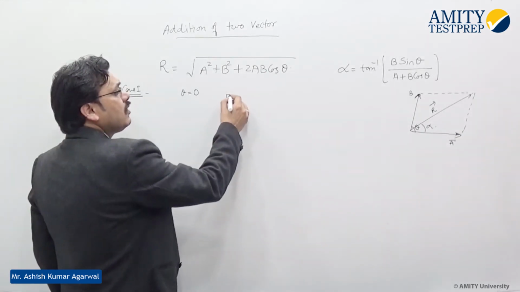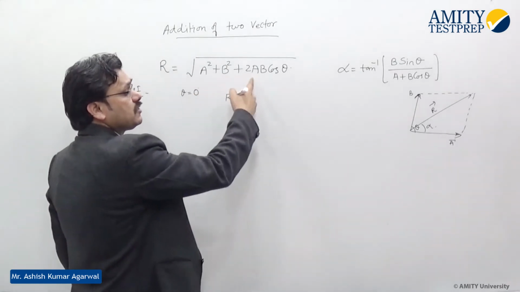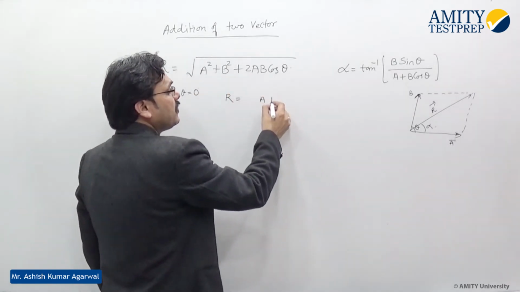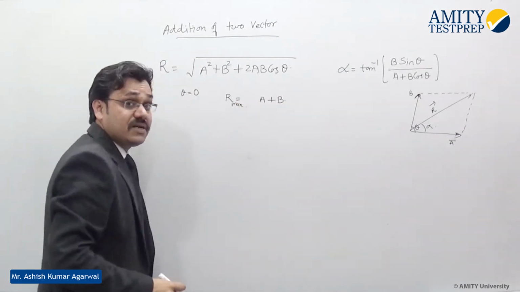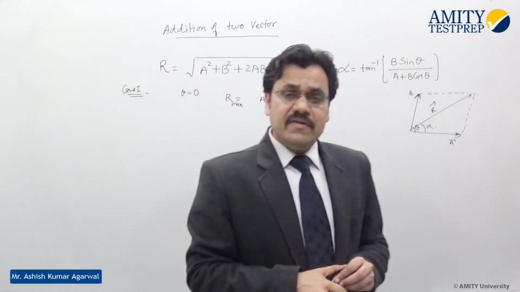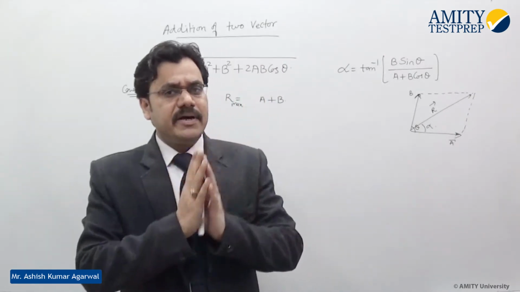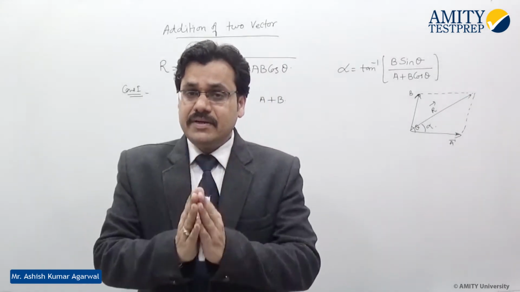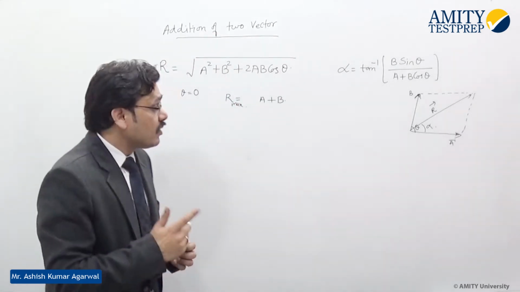So the resultant of the two vectors comes to be the square root of A squared plus B squared plus 2AB, which is simply A plus B, and the magnitude of the resultant will be maximum. It means if you apply two vectors in the same direction, the magnitude of the resultant will be maximum.